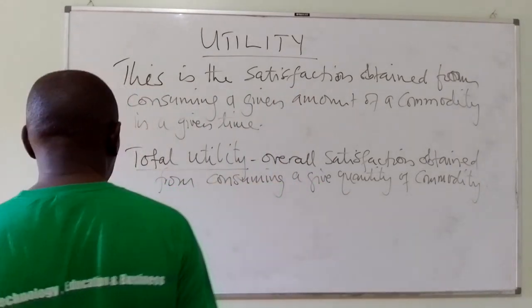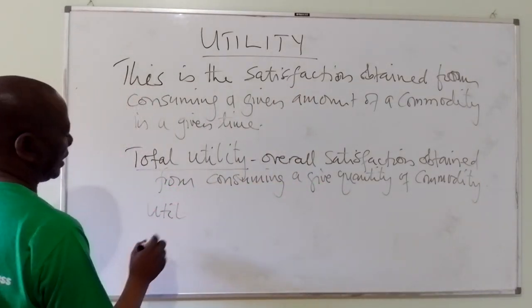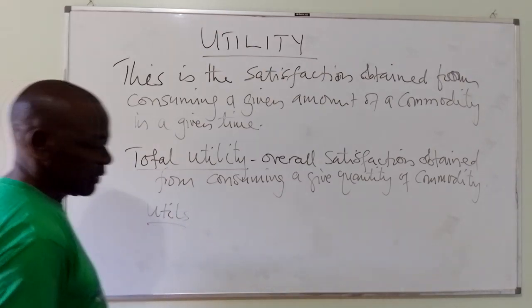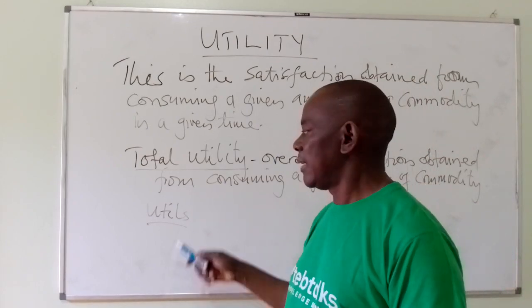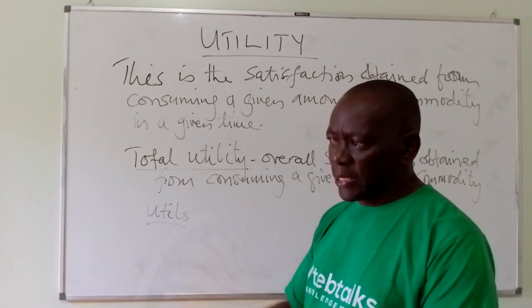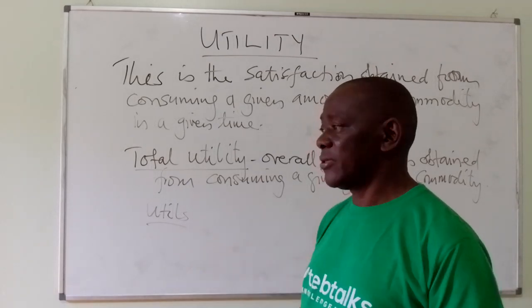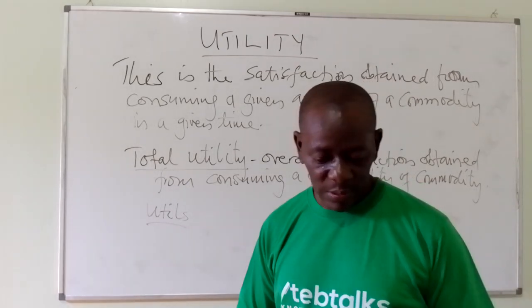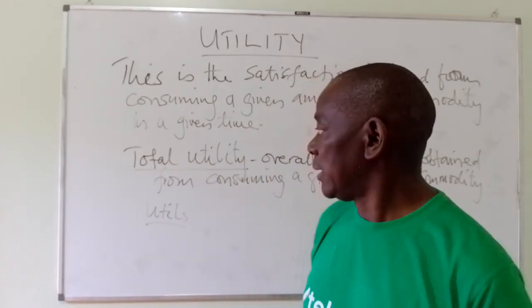In economics, we measure utility in the units called utils. Utils are the measurement of the satisfaction.